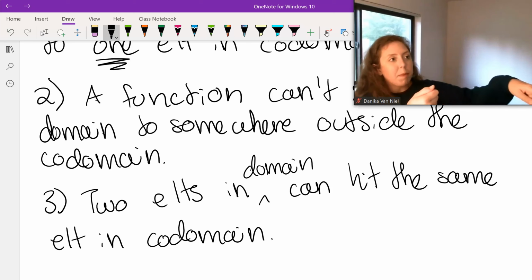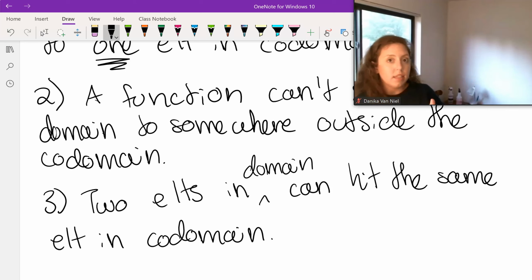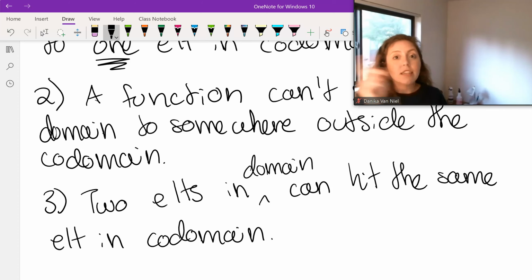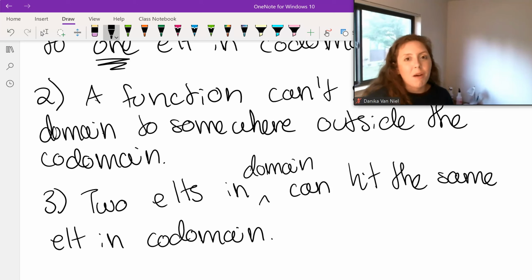But you and the person next to you might have hit the same element in the codomain. That's fine. That doesn't break any of the rules of the 1 arrow rule. And that might also help because everywhere where you do hit is the range. I always think of Robin Hood with this, where you shoot arrows on a range and you hit the little targets.